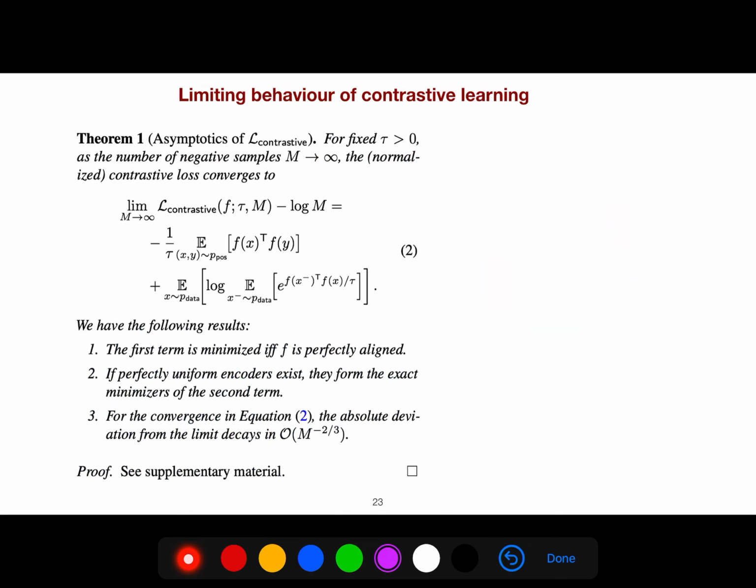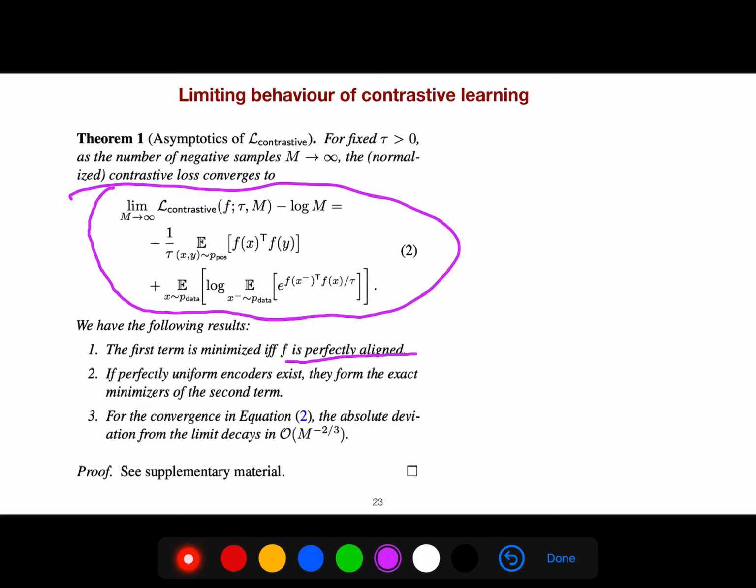They have a theorem that says for a fixed tau, as the number of negative samples grows, the contrastive loss converges to this limit. This is the limit of the contrastive loss. The first term is minimized if and only if f is perfectly aligned.